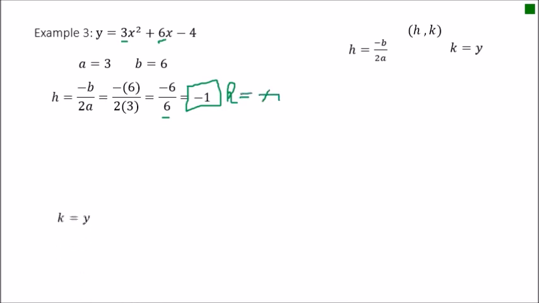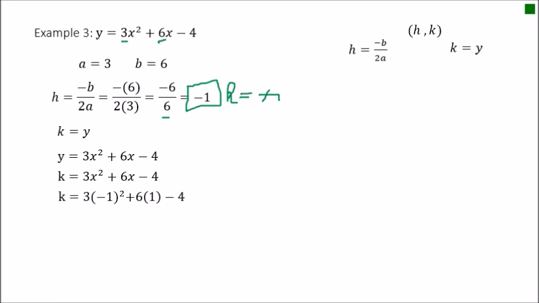Next, let's get our k. Using the original function or equation, replace y with k. All the x's here, replace with negative 1. So, we have 3 times negative 1 squared plus 6 times negative 1 minus 4.